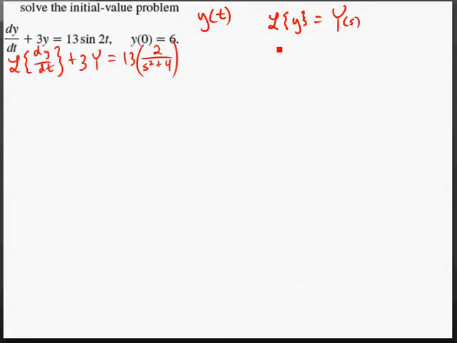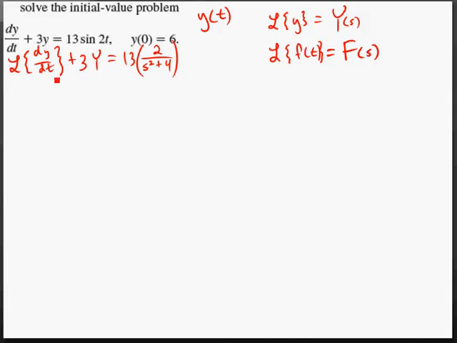I could have had anything as a function of t. I could have had a Laplace of f of t, and that would give me a capital function F, and that should be a function of s, once I do the math calculations that the Laplace transform is defined as.